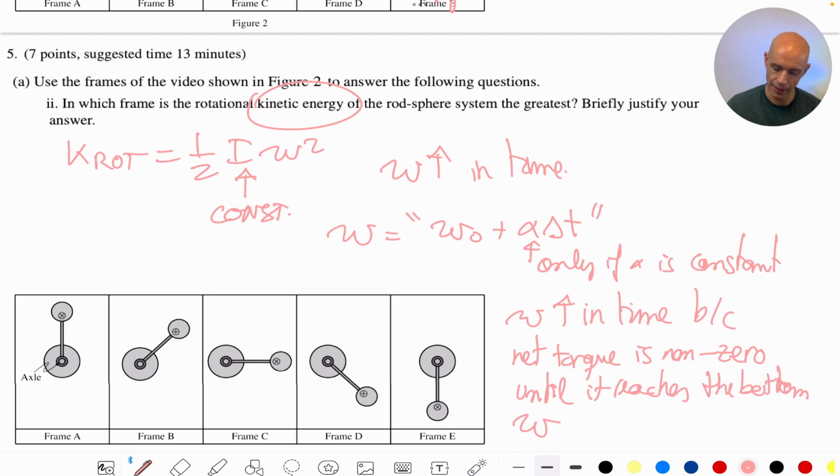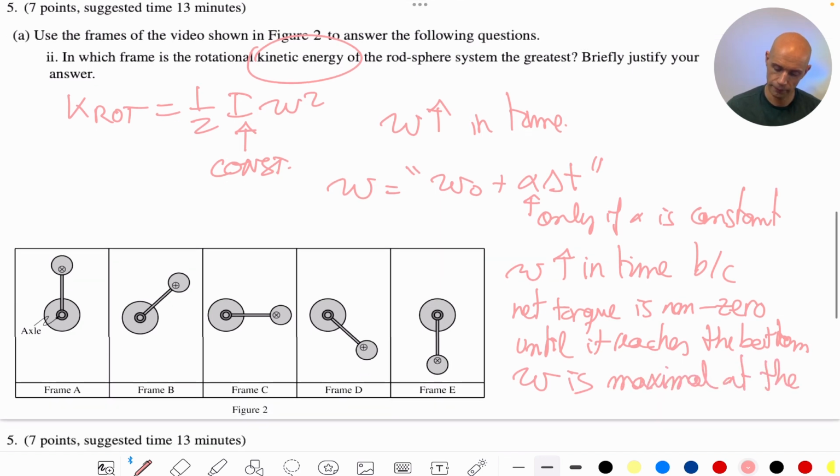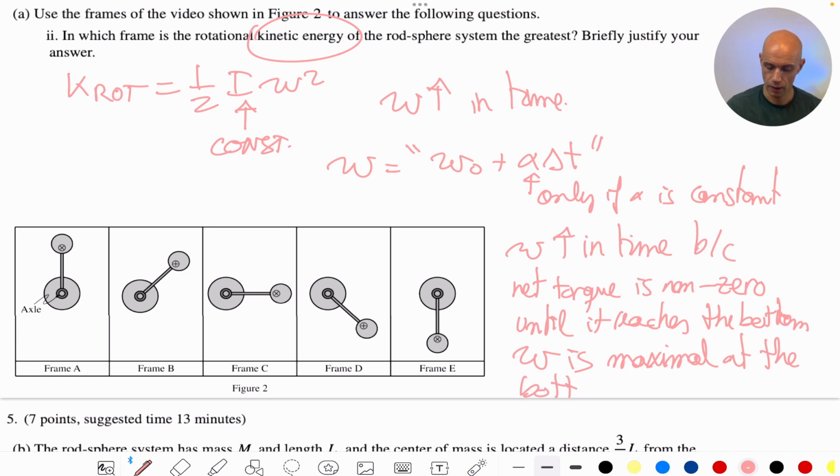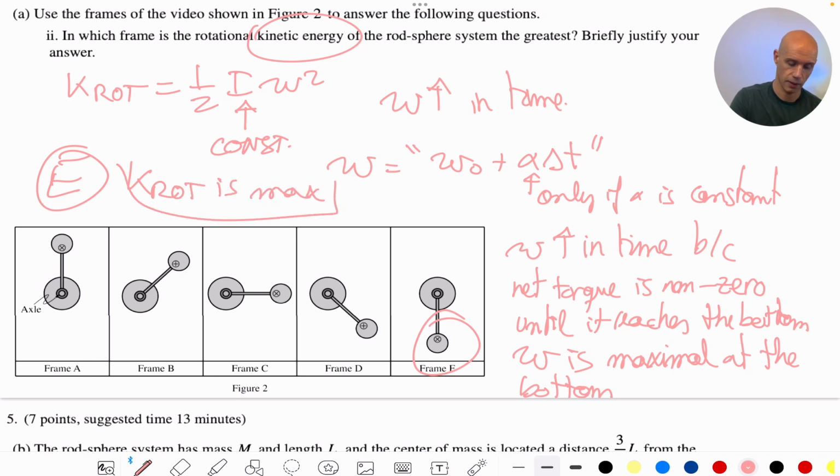So omega is maximum at the bottom. So here, E is when the rotational kinetic energy is maximum. Okay, that's it. They need to understand that you have a good understanding of how this works, not actually solve it.